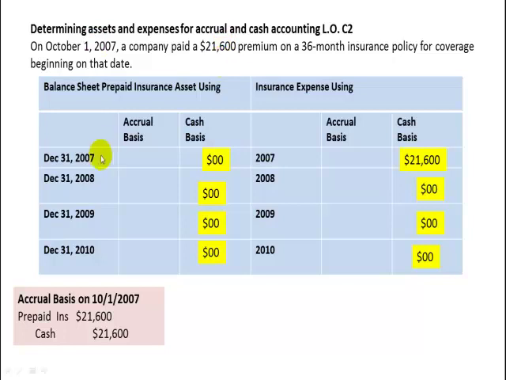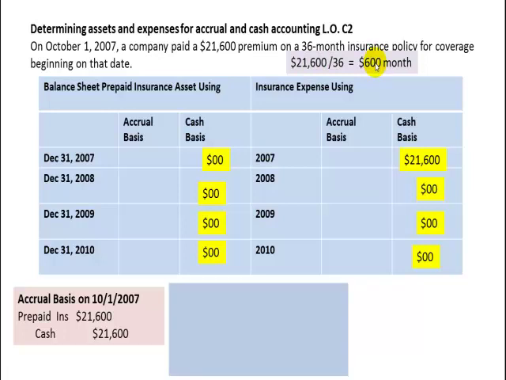At the end of 2007, some of this asset, the $21,600, is going to be used up. Three months of it's going to be used up. So let's do some more calculating here. The total policy was for 36 months. We paid $21,600, so $600 a month will be used up, and at 12/31 we will have an expense of $1,800.